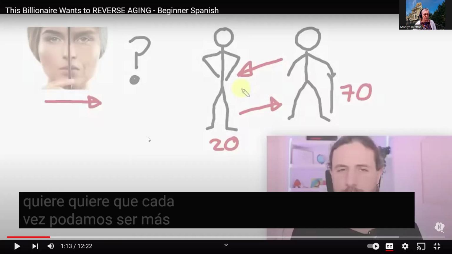But in this case, he may want us to be able to get younger, but we can't make that action happen. That action of can become younger is a hypothetical, and that's why it goes into that funnier looking form of podamos, not podemos. He wants that we can become younger.